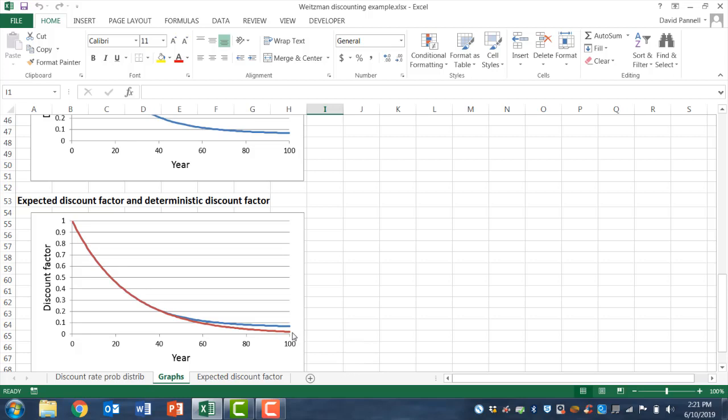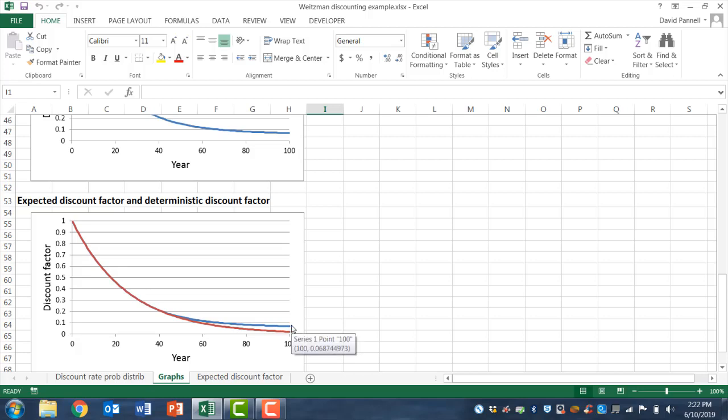So if you agree with that, you may or may not, but if you agree with that stylized summary of how it might go, then the effect of the Weitzman discount approach is not all that large, because you've done most of the discounting by the time you get to about year 50, and so the difference that it can make from then on isn't all that large.